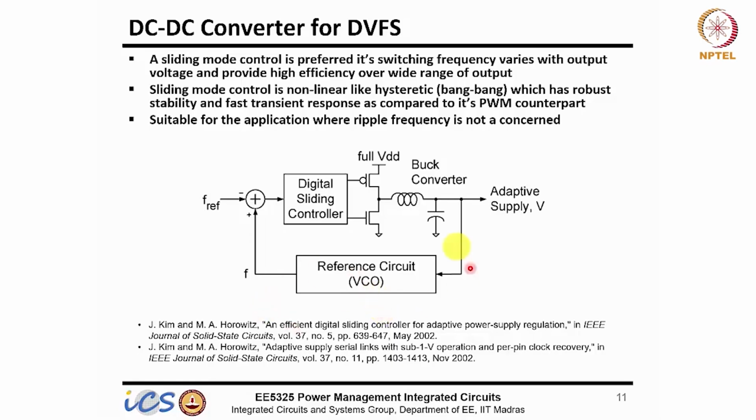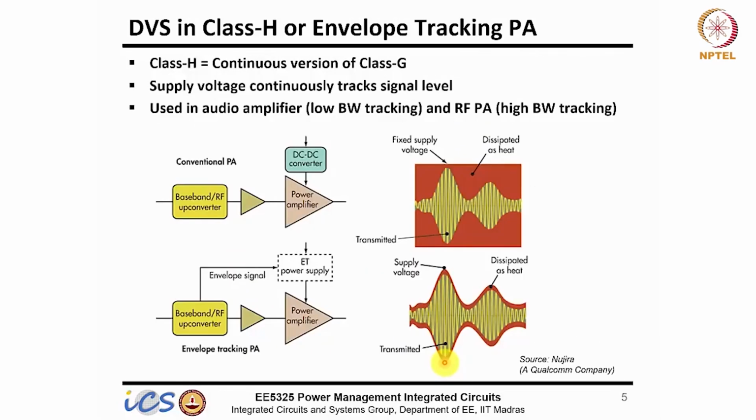So if you can run this at a lower voltage, you can run the other circuitry also at the same voltage. If your process changes, let's say it went to a slower corner, then this frequency will automatically go down, and this loop will force this voltage to go high, so that it is again locked at 1 gigahertz. So dropout voltage, depending upon how you design it, if you can sustain 50 millivolts, then have 50 millivolts.